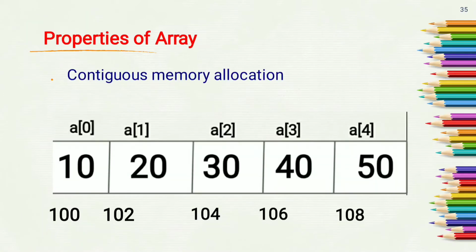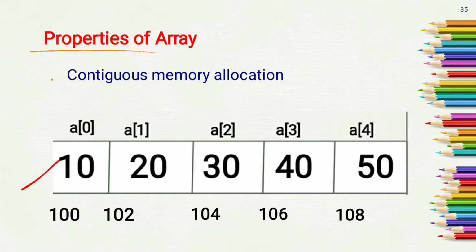That means, as you can see, this is an array which consists of 5 integer numbers. So this is an integer array. We can also create an array or collection of real numbers. That array is called a float array or real array.